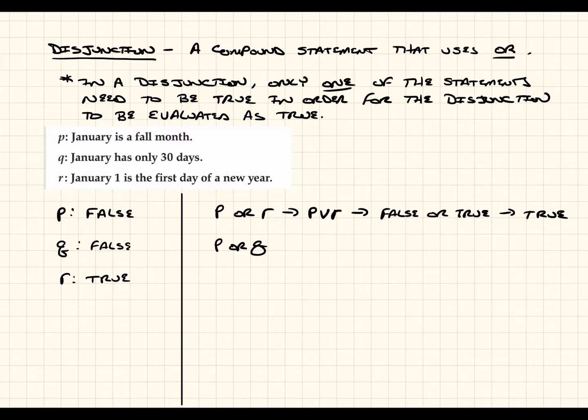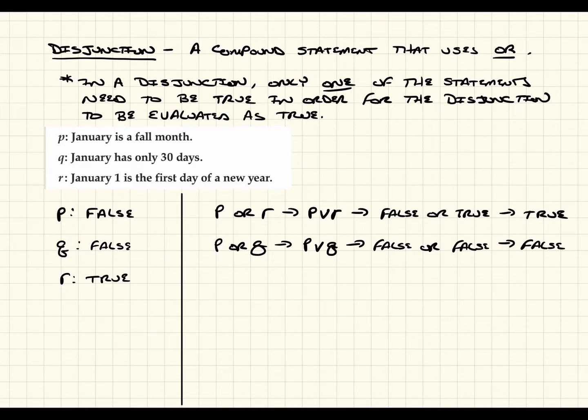We know that statement P is false and statement Q is also false. So we have a situation where P or Q evaluates to false or false. If both parts of a disjunction are false, then the entire disjunction is false.